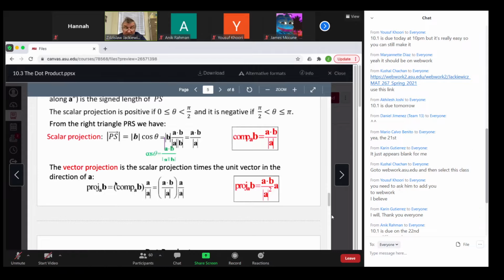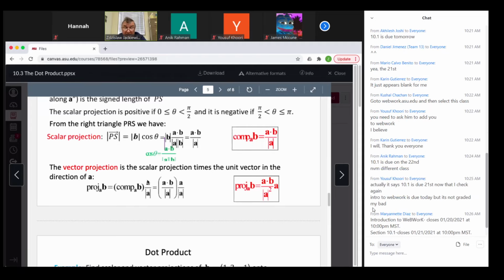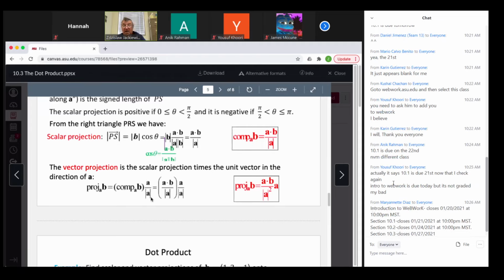So this is already a vector. A number times a vector is a vector. Again, if you substitute this formula, you get this A dot B over the magnitude of A, over the magnitude of A, and you see that, again, you have a formula for the vector projection. So the vector projection is the dot product AB over the magnitude of A. You have the magnitude of A twice, so squared, and times vector A.